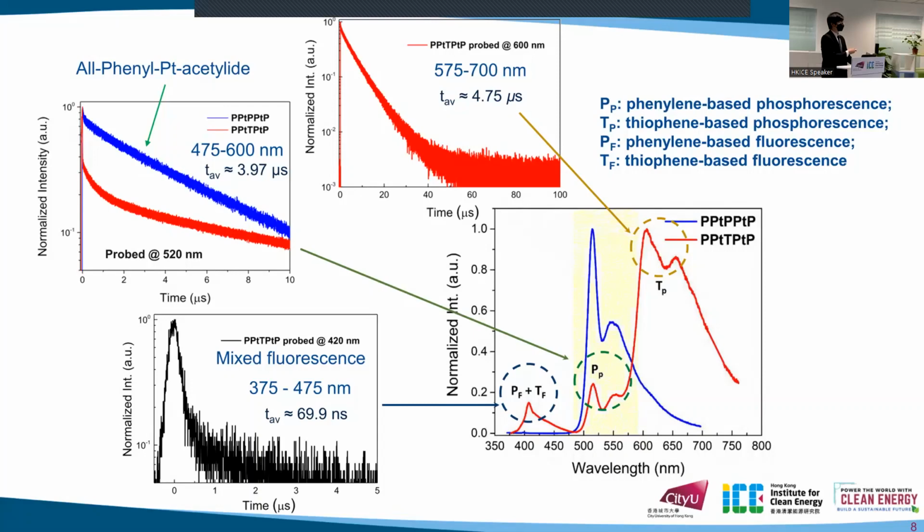The differences are that the emission at 400 nanometers is fluorescence, because the lifetime of this emission peak is in the nanosecond region. And the peak lying at 600 nanometers is the fluorescence of the pyrene satellite.